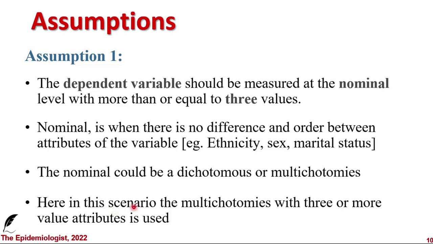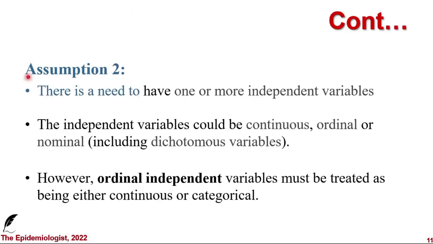However, here in this scenario, the outcome variable should be a multichotomy with 3 or more value attributes. The second assumption is the need to have 1 or more independent variables. The independent variables could be continuous, ordinal, or nominal, including dichotomous variables. However, ordinal independent variables must be treated as either continuous or categorical.